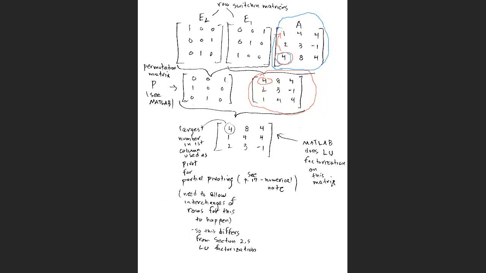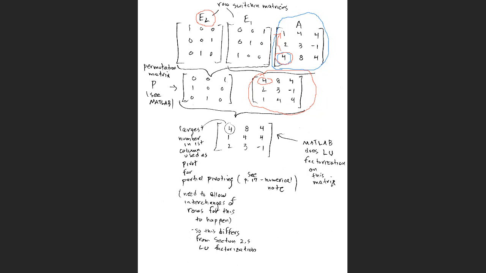All right. But what I'm going to do now is take that product matrix, E1 times A, and multiply it by another elementary matrix, E2.